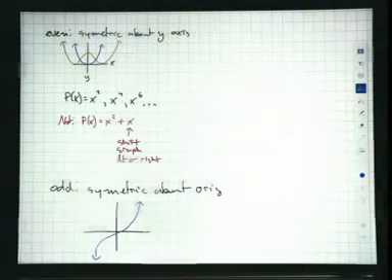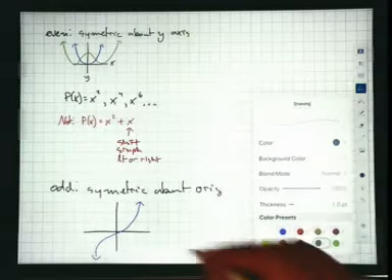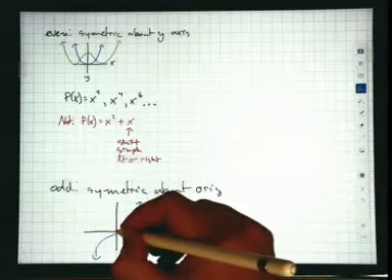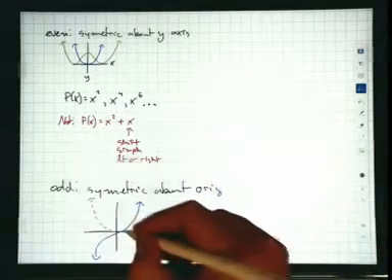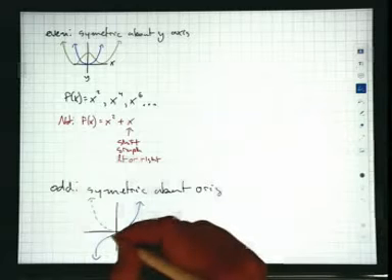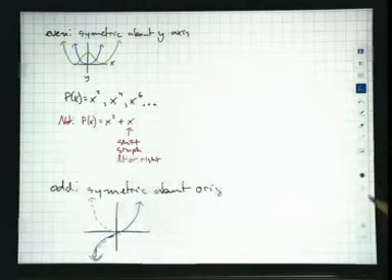That's called symmetric about the origin. The idea is that if you mirror image the graph on the y-axis, you get this, and then you mirror image the graph on the x-axis, you get this. So that's symmetric about the origin.